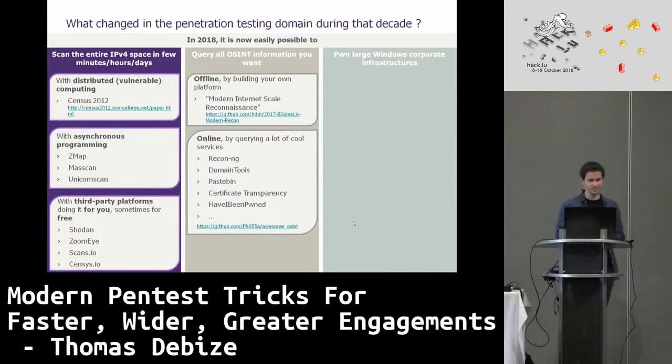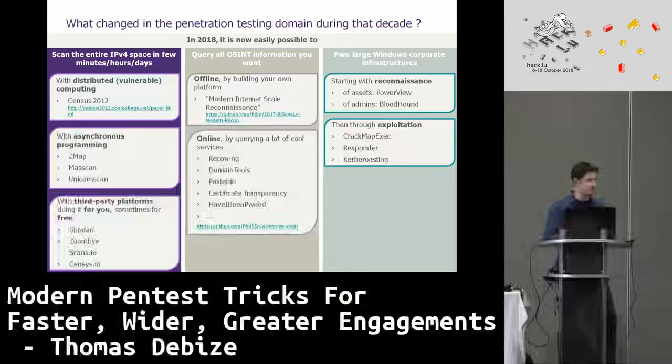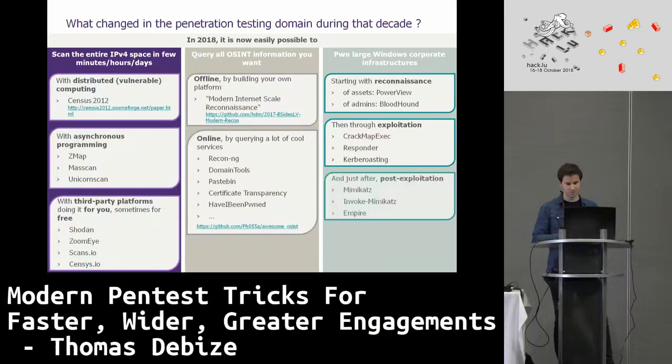And most interestingly, you can now pwn large Windows corporate infrastructures in really few minutes, few clicks, few commands, starting with reconnaissance: PowerView, BloodHound to chase admins and assets. Then exploitation. I'm sure you know about CrackMapExec, Responder, and a tiny and small attack vector named Kerberoasting, which is really useful.